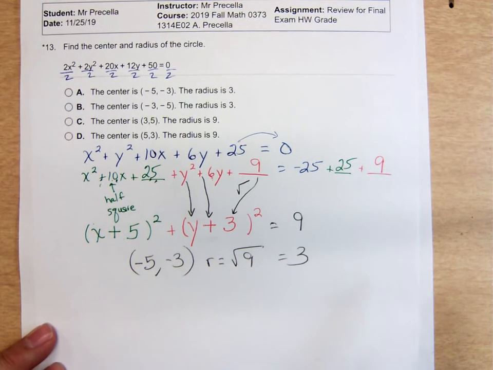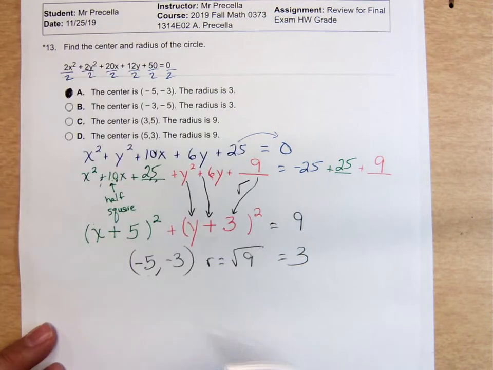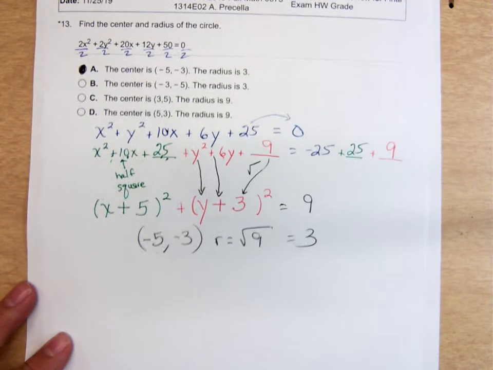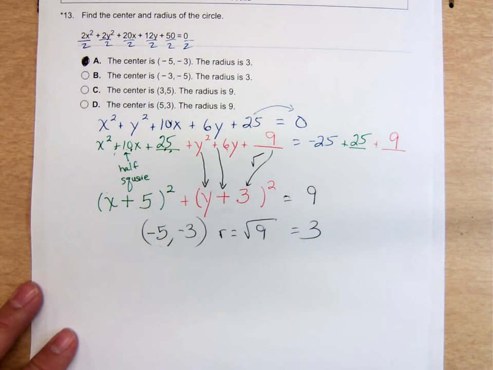So this one was similar to the one we just finished doing. -5, -3, radius 3. Is that answer choice A? Any questions there?